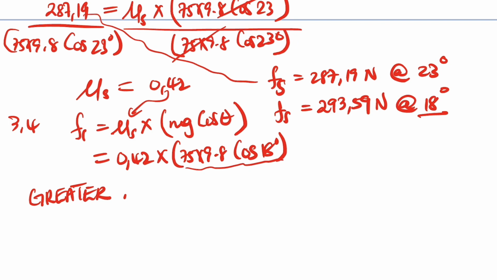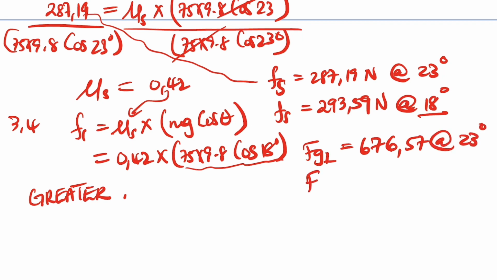Your FG perpendicular was 75 times 9.8 cos 23. Your FG perpendicular, not parallel, was 676.57 at 23 degrees.